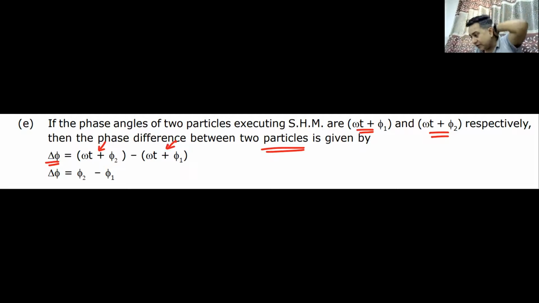Phi 2 minus phi 1 is the answer that remains. So phi 2 minus phi 1 becomes the phase difference between the second wave, second particle, and the first particle. Do we understand this? I'll give you a minute to note this down. Do we understand this better? Write it down fast.